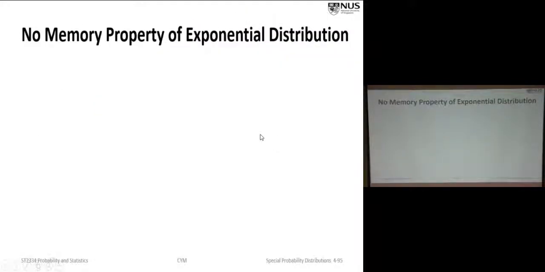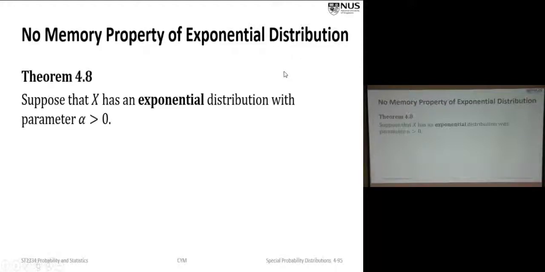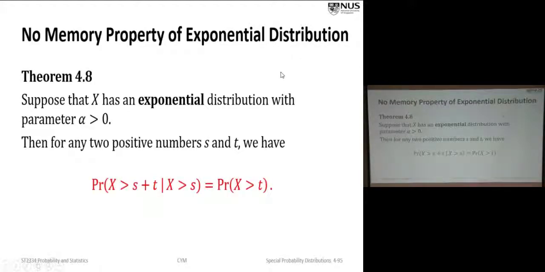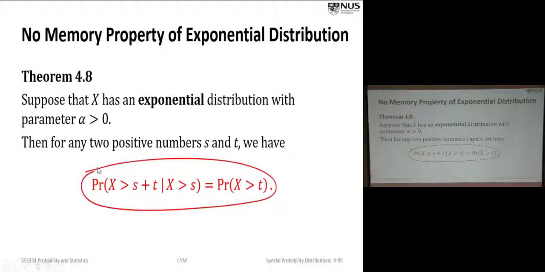Okay. Now, this is a very interesting property. It's called the memoryless property. What it means, basically, is this. This probability means that if I know that x is bigger than t, then what is the chance that x is bigger than s plus t? It turns out that it's the same as the chance of x bigger than t.